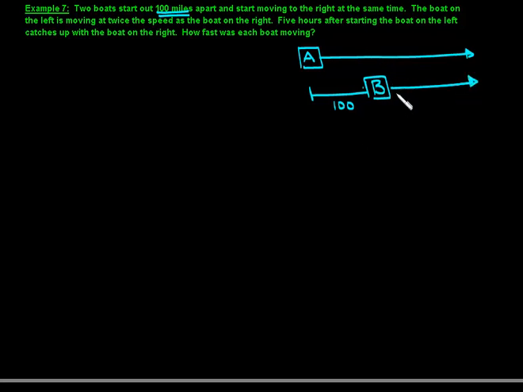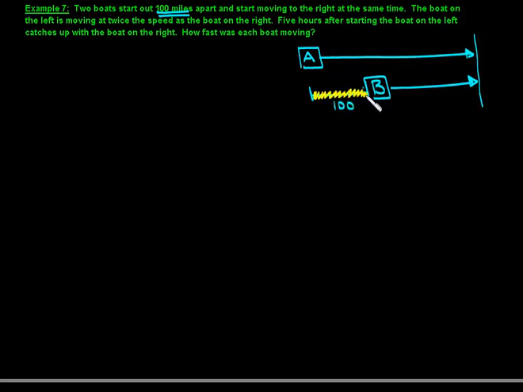And boat B also starts traveling to the right. Now because boat A is going faster than boat B, which one's going faster? The boat on the left is moving at twice the speed as the boat on the right. Five hours after starting, the boat on the left catches up with the boat on the right, so eventually they catch up. Okay, so this is the setup. Here is how far apart they were.